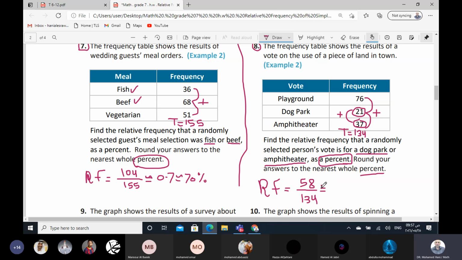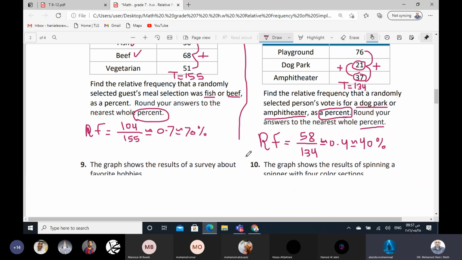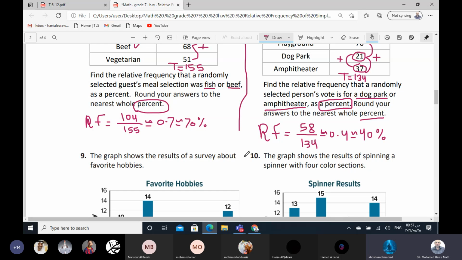So about 0.4, about 40%. Who has any question here? No questions. We all understand it.